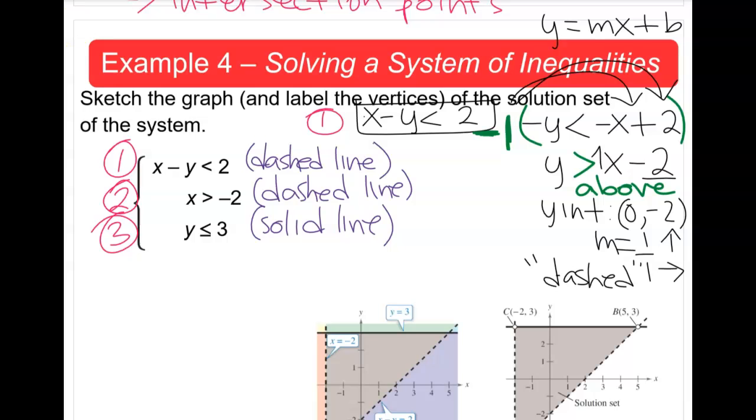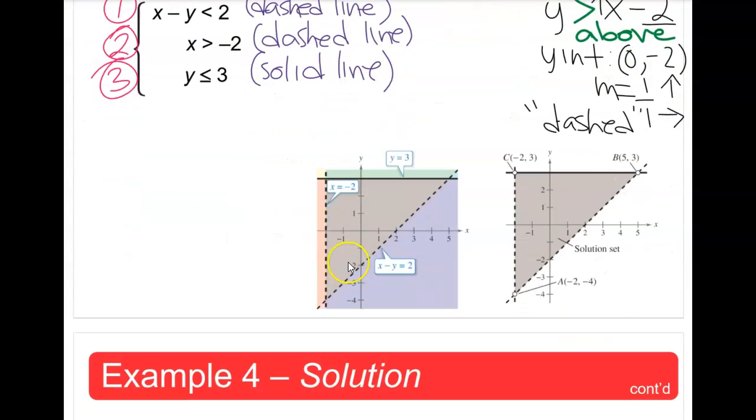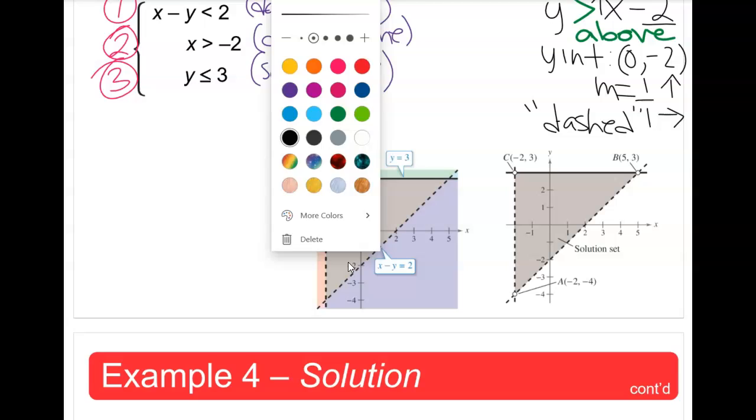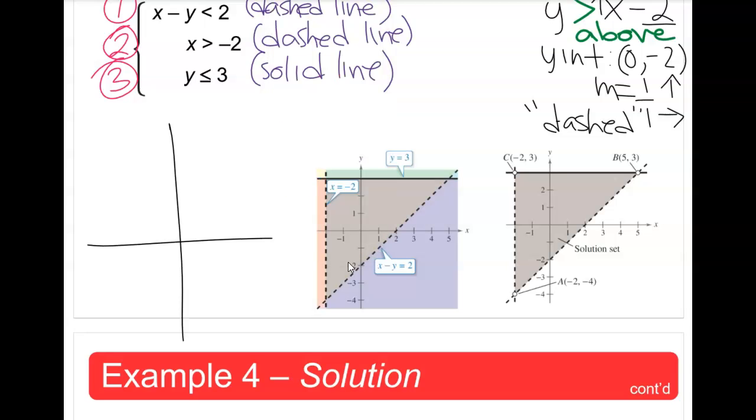So you could see, I'm going to graph it here. So we're going to have, I'm going to trace this again. Okay, so negative 2, that's my y-intercept.